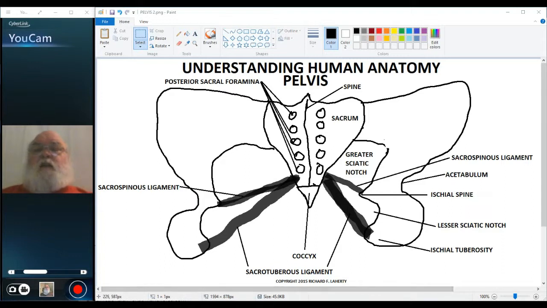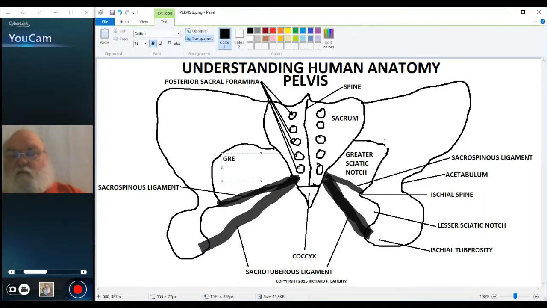The sacrospinous ligament divides this irregularly shaped hole into two foramina, the greater sciatic foramen and the lesser sciatic foramen.